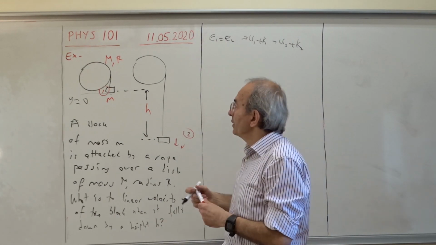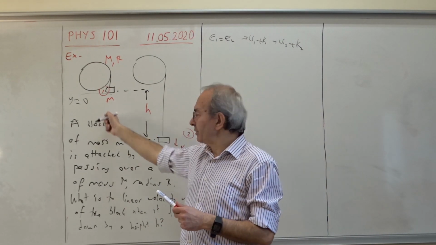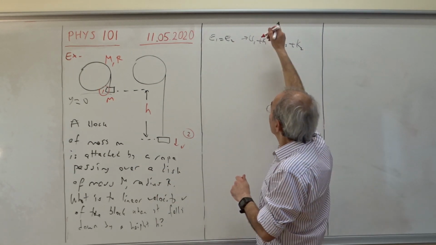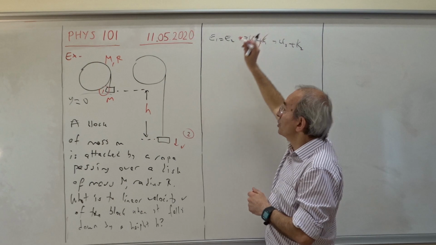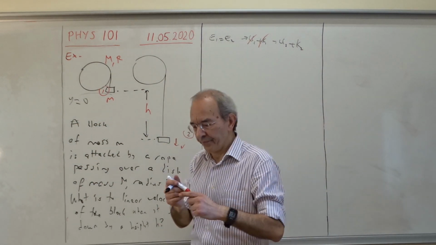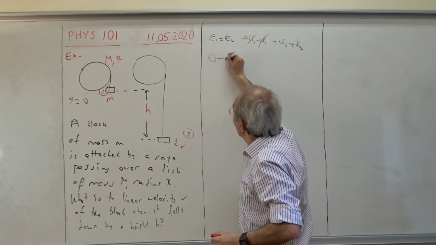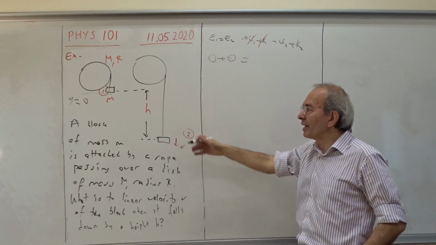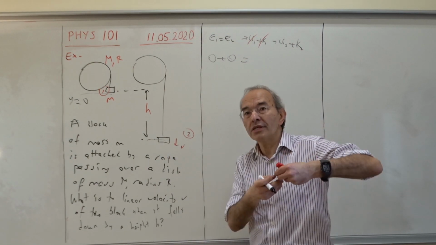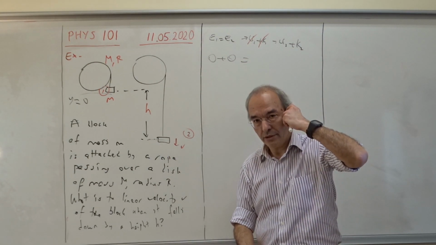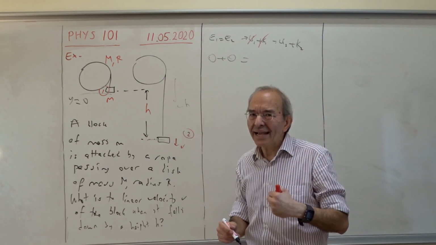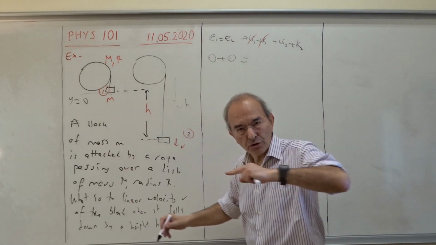So initially, since it starts from rest, there is no kinetic energy at the beginning and no potential because of my choice of y equals 0 there. So it is 0 plus 0. But what is the right hand side? When it passes by this new position, which is lower than the first one, this is at the height minus h with respect to the initial 0 level.